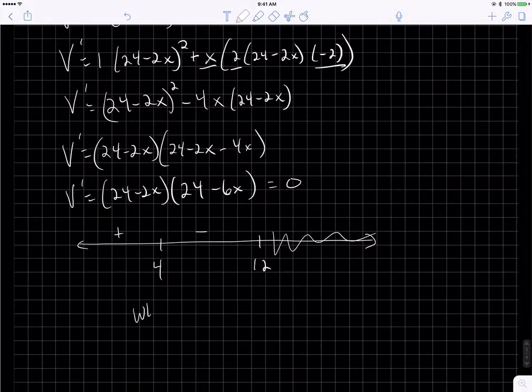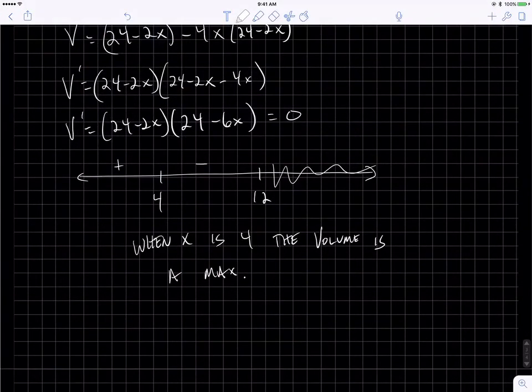So when x is 4, the volume is a max. What did they ask? They said verify them, and also use calculus to find critical number and find the maximum value. So when x is 4, the volume is the max. If they want the volume, it's 1024. I plug it back into my volume equation.